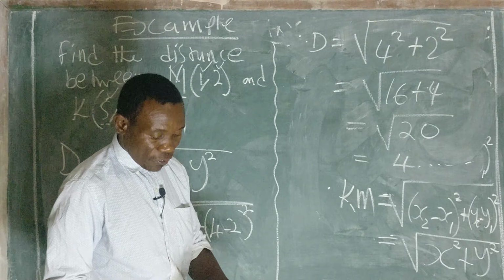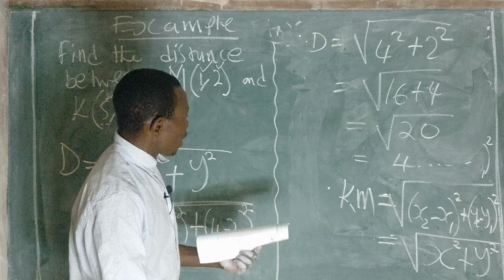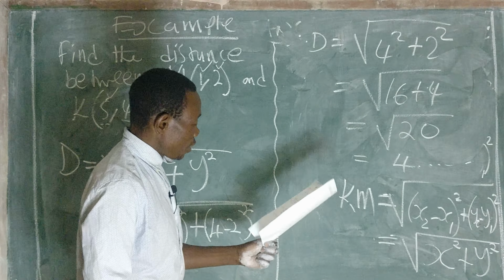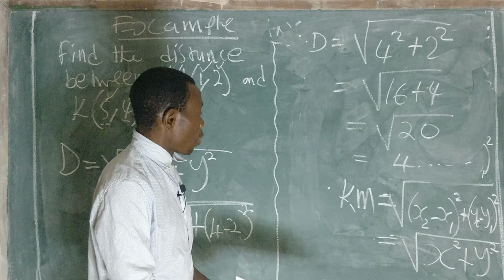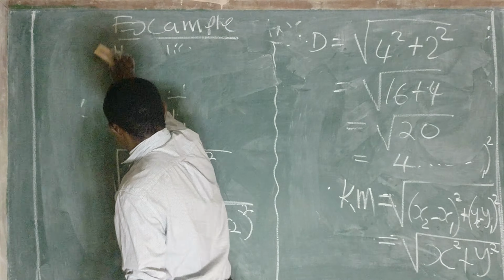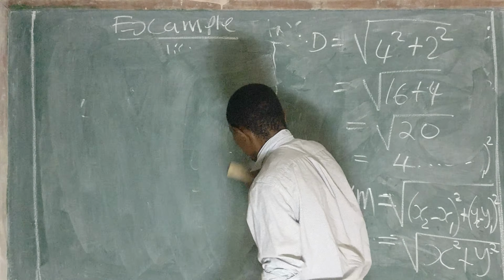Right, let us have this other example, the last one, that can at least maximize the knowledge on the distance between 2 points. The second example goes something like this.